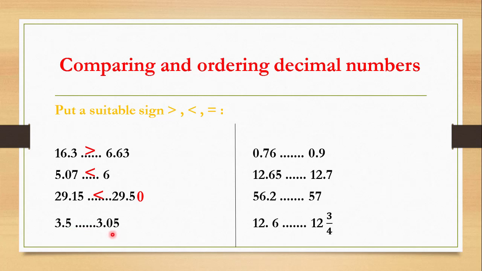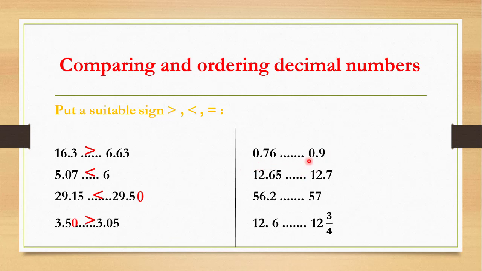So let's add 0 to the right. Now what do we have? We have 3.50 and 3.05. This is 50 and here we have only 5. So 50 is greater than 5. Let's move to the next one.